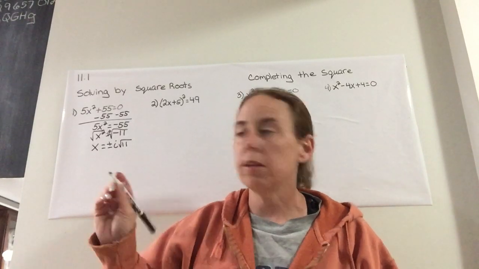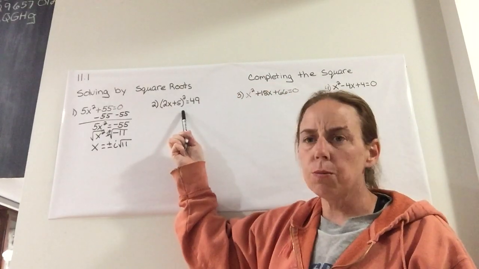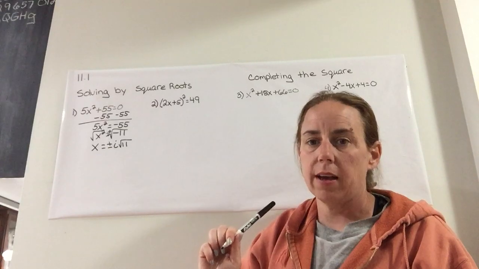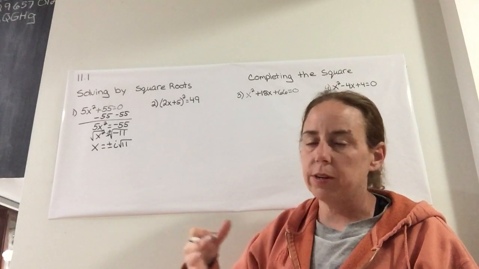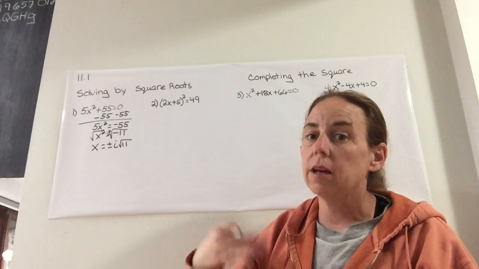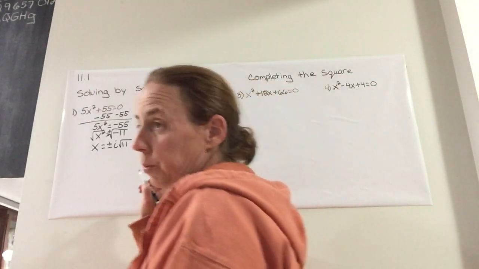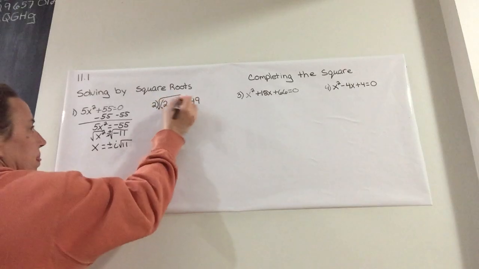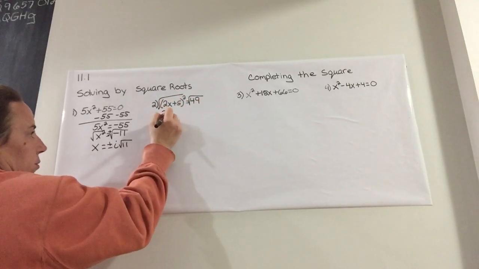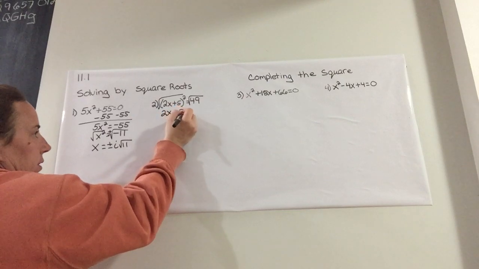Okay? Now let's do this one. We're very fortunate. The square is the only thing on that side. So I don't have to do any rearranging. So remember, to get rid of a square, we take the square root. So that's what we're going to do to each side. So this cancels, so I am left with 2x plus 5.